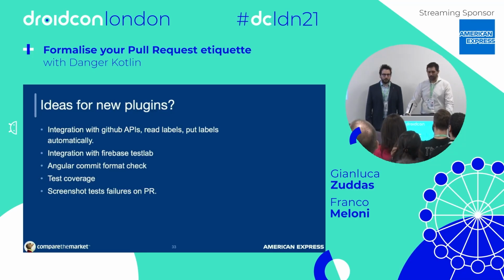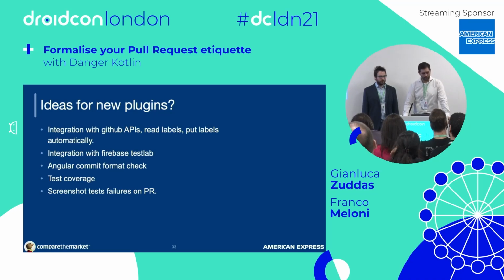If you don't like messy Git logs, maybe you want to enforce the Angular commit pattern whilst you are committing in your Git repo. You could enforce that with a Danger plugin, so why not create one?